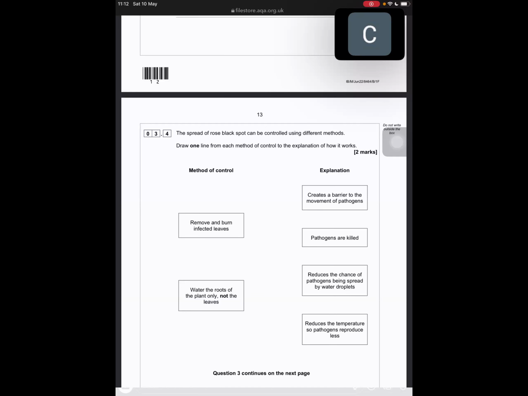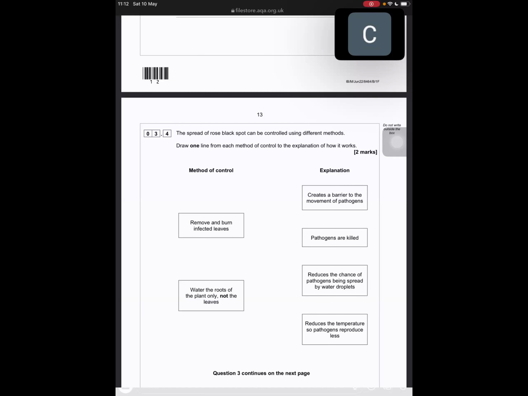No, I'll go with it reduces the chance of the pathogens being spread by water droplets when you remove them. Yes, when you remove them, it reduces the chance of pathogens being spread by water droplets.